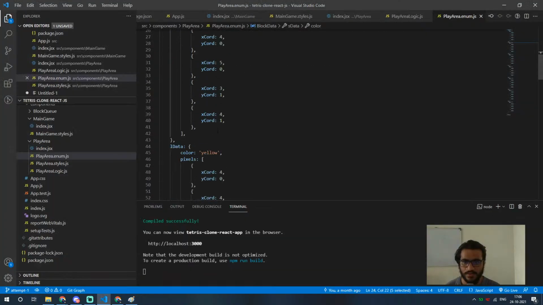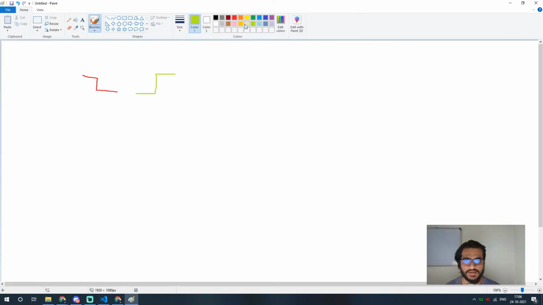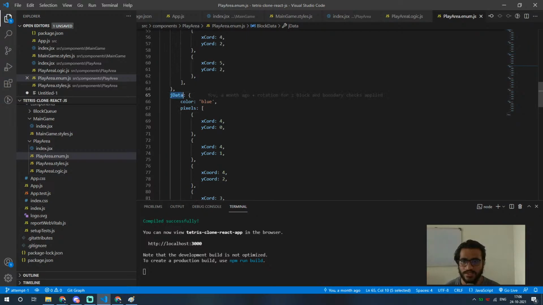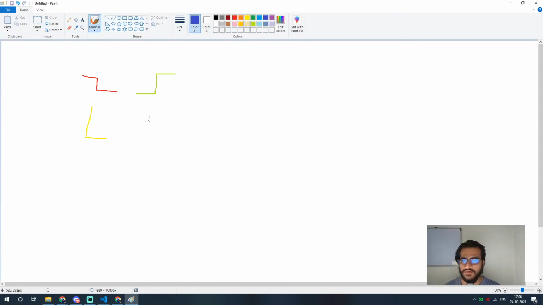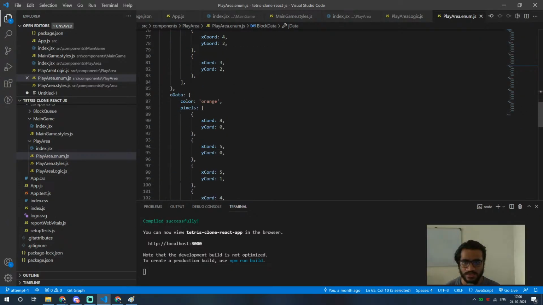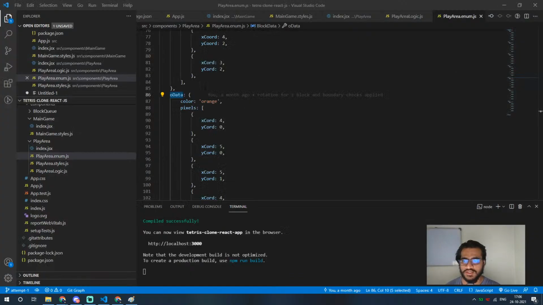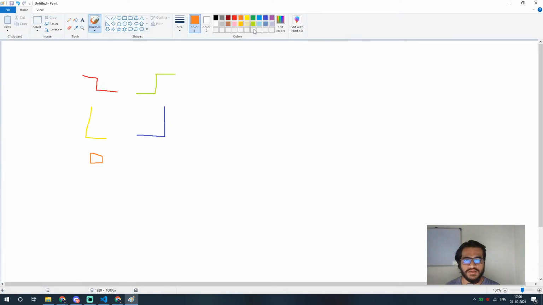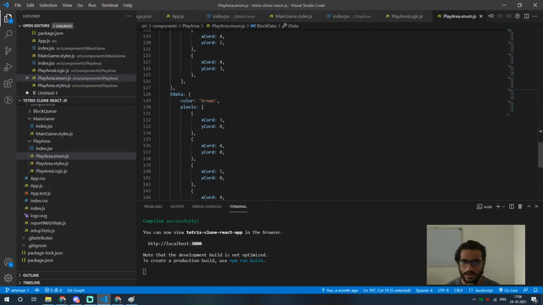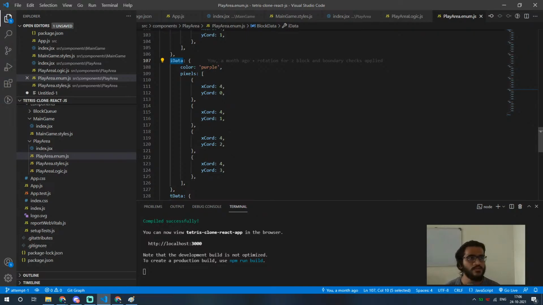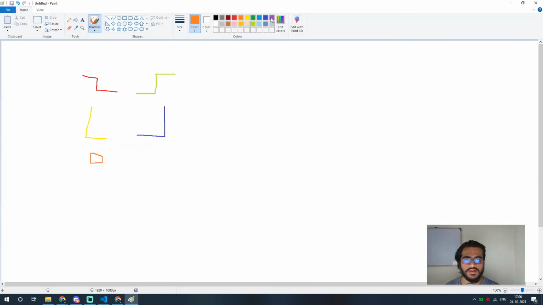And then we had the L block, which was in yellow color, yellow L, and then we had a J block, which was in blue color, and O block, which was in orange, and then I block, purple, and the T block, which was in brown color.